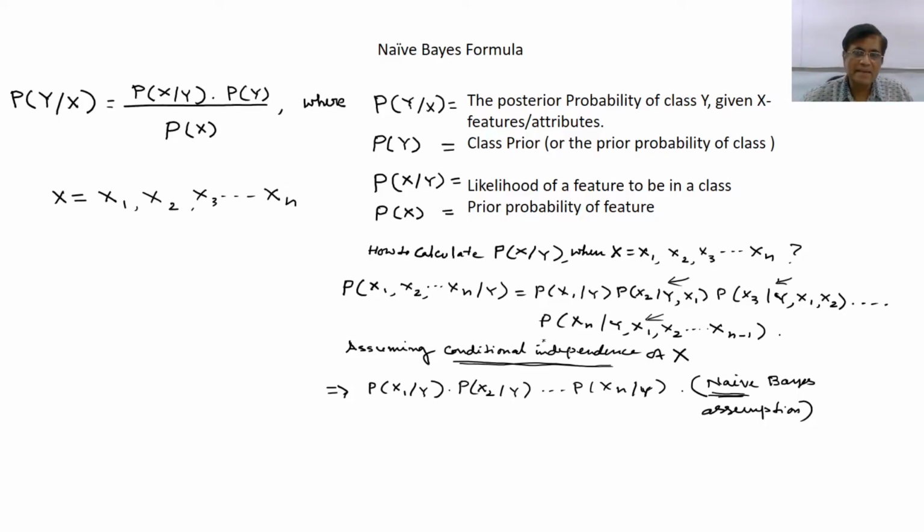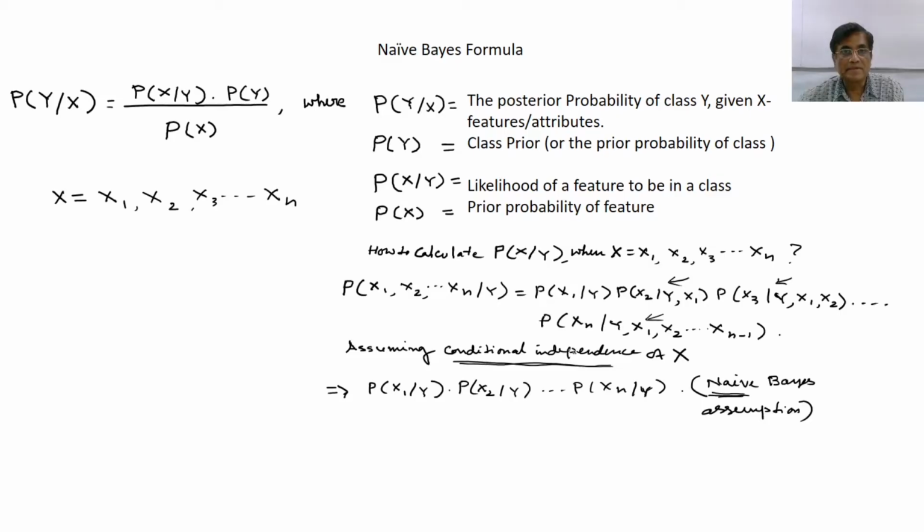In many cases this conditional independence assumption is far from the ground truth. But even then, because of the simplicity of computing and finding the probability density functions, assuming again some distribution is easier, that's why we use the naive Bayes formula, and it gives reasonably good results.